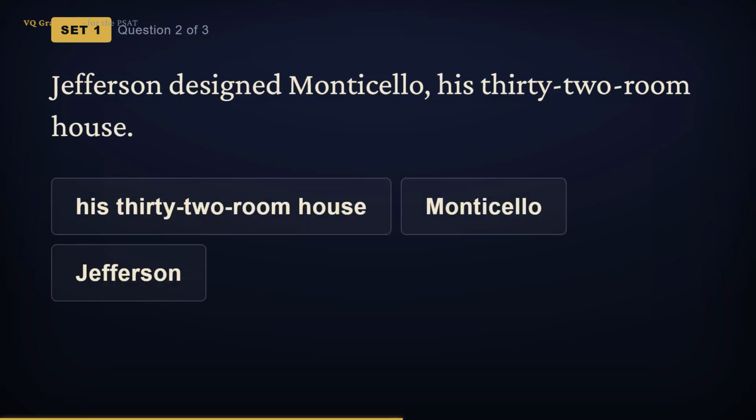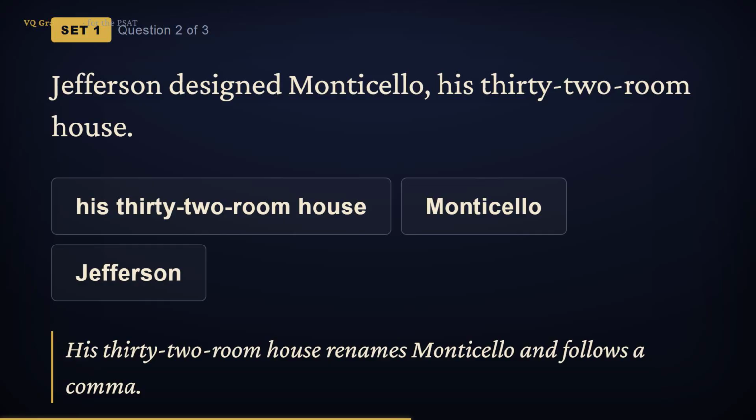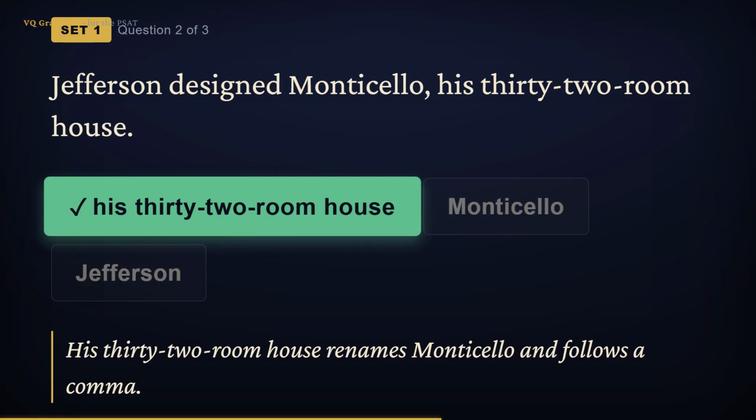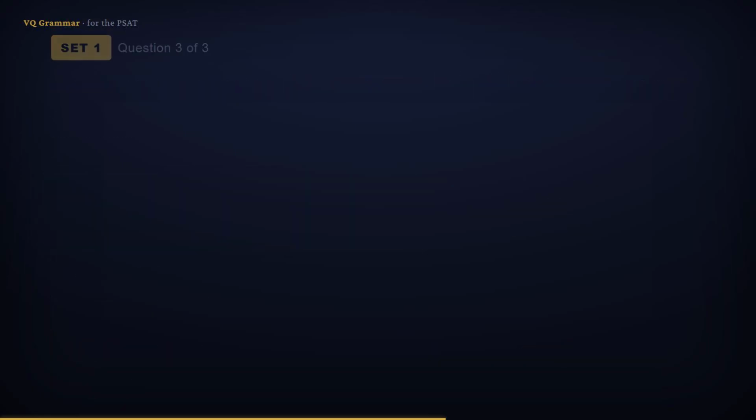Jefferson designed Monticello, his 32-room house. Look for the group that renames a noun. His 32-room house renames Monticello and adds information about it, sitting after a comma. That's the appositive phrase. So the answer is his 32-room house.